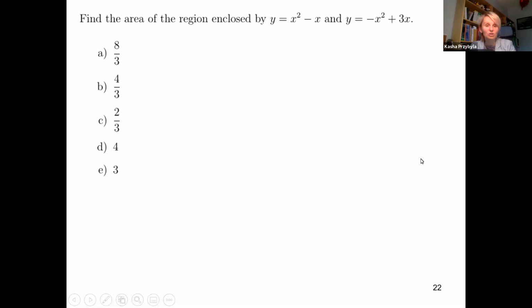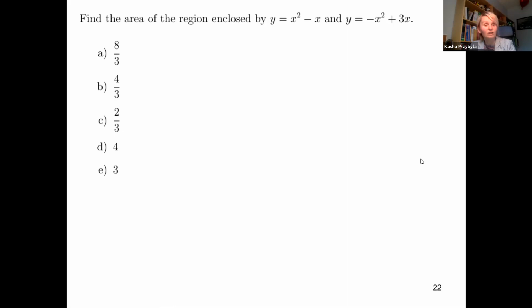The first question is from section 5.1, chapter 5, the area between two curves. Not 4.5, 4.5 was the u-substitution.